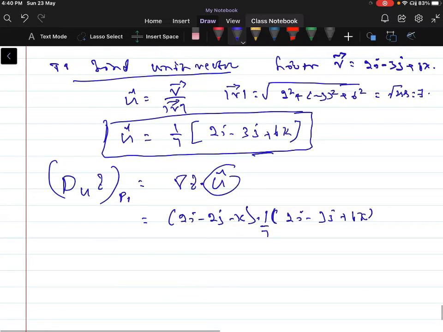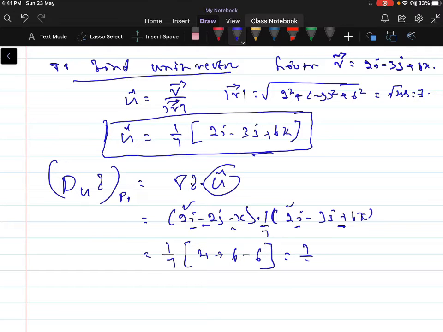This can be written as 1 by 7 into [2 into 2 is 4, i dot i is 1, plus minus 2 into minus 3 is 6, j dot j is 1, plus minus 1 into 6 is minus 6, k dot k is 1].